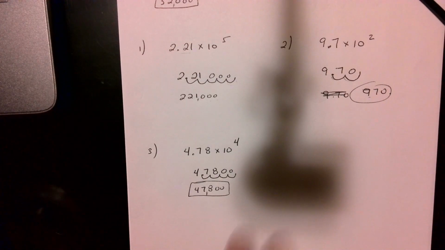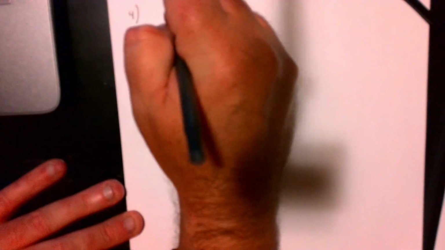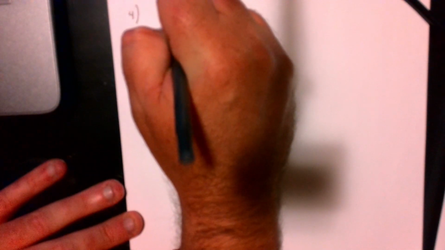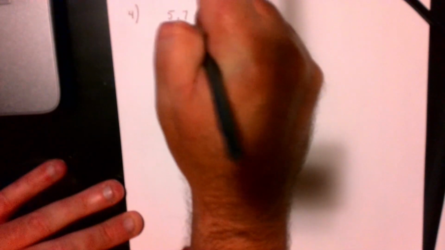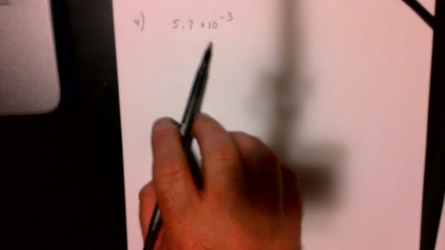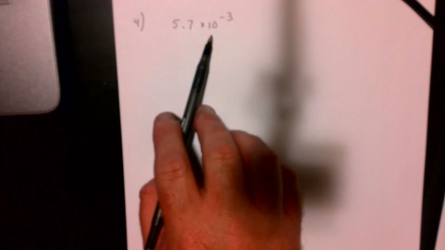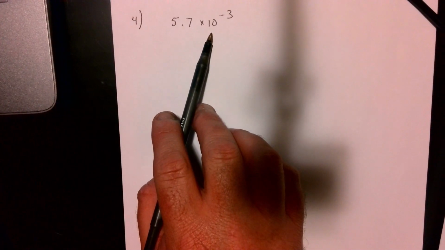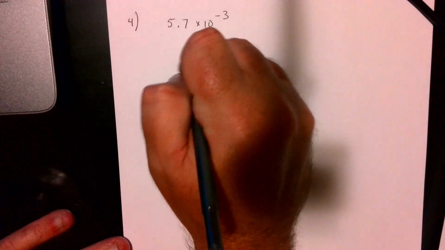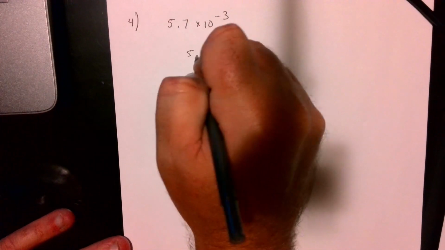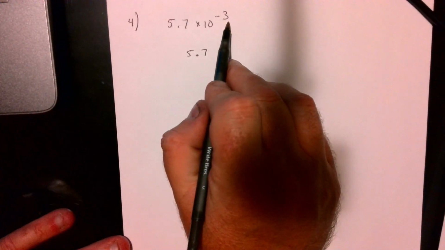Okay. Now be careful. Just like the other one, there's a catch. Let's say I give you this number: 5.7 times 10 to the negative third power. We want to take this number from scientific notation and turn it back to standard form. Same thing, we start with 5.7, but then we want to move the decimal 3 times.